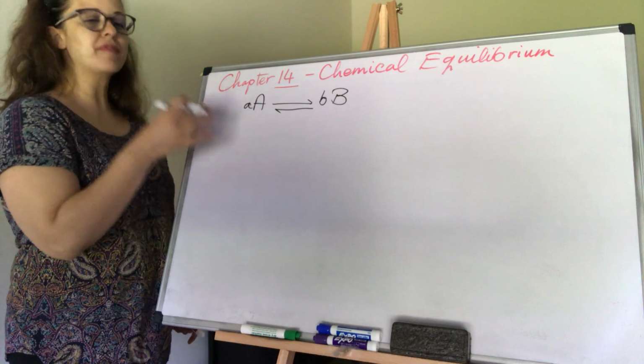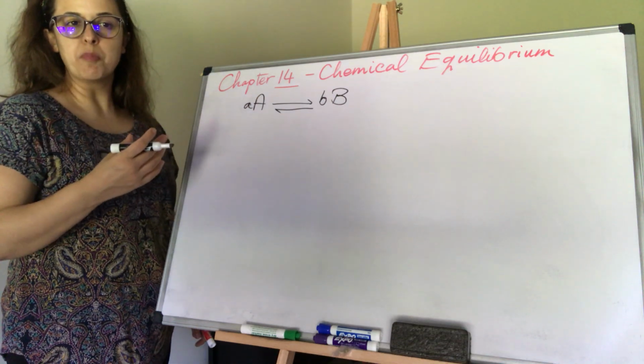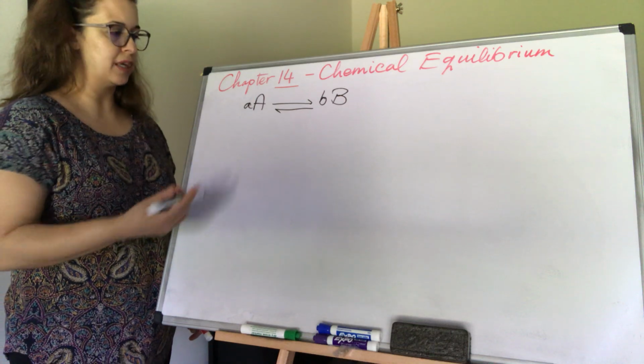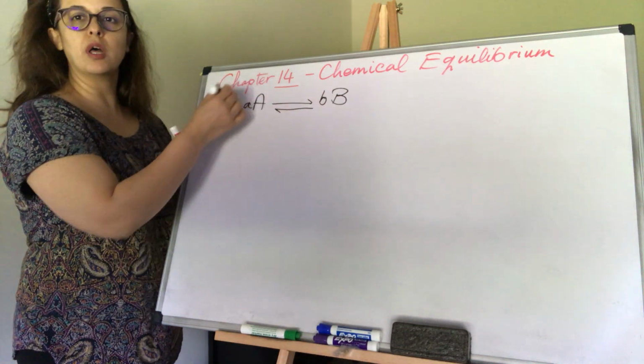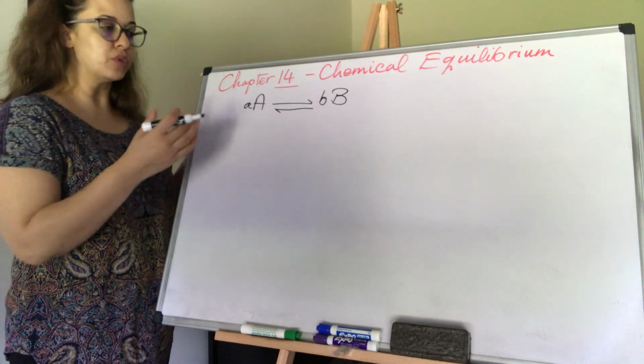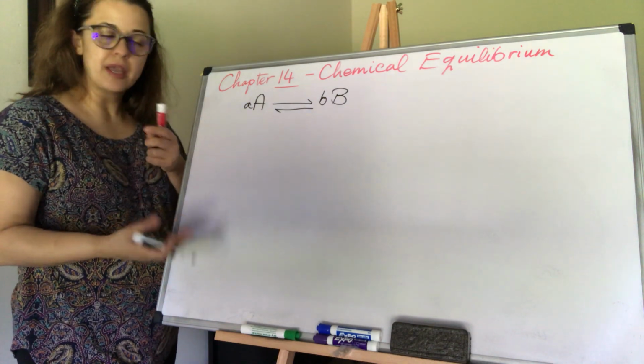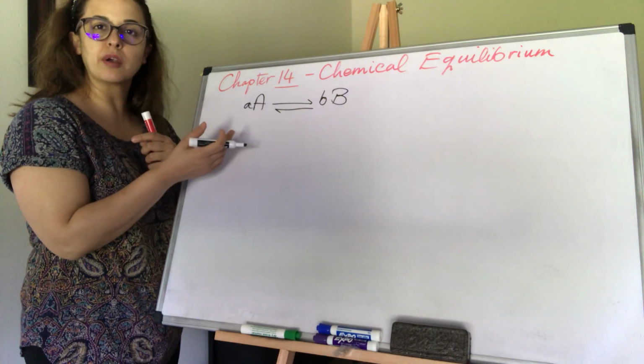So some of the reactions seem like they stop before they complete. You expect all the reactant to change to the product, but you see after a while, they both exist. None of them disappear.